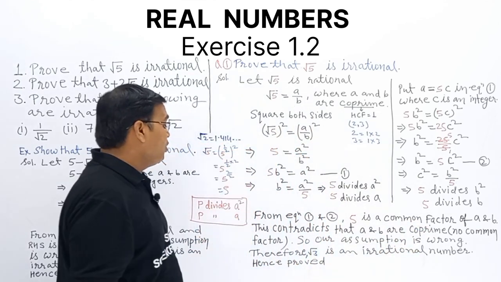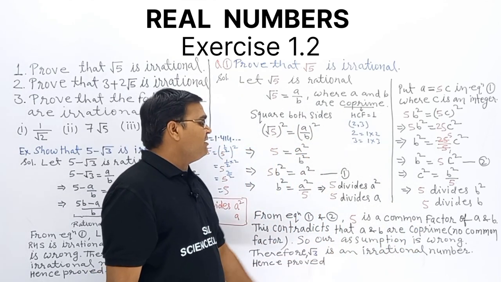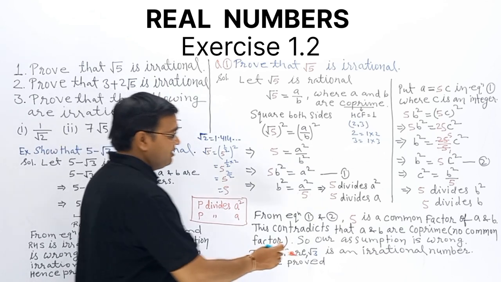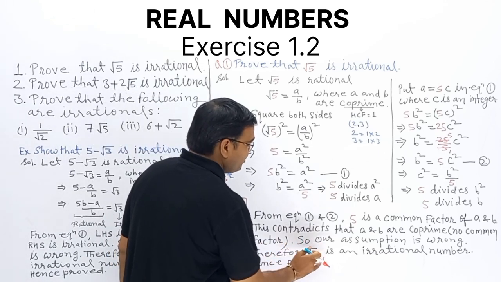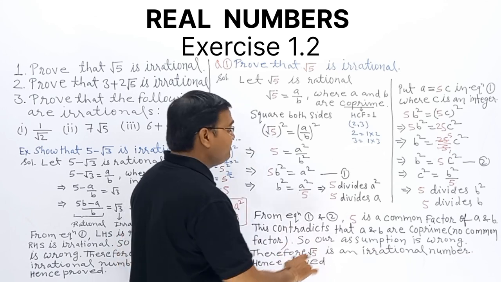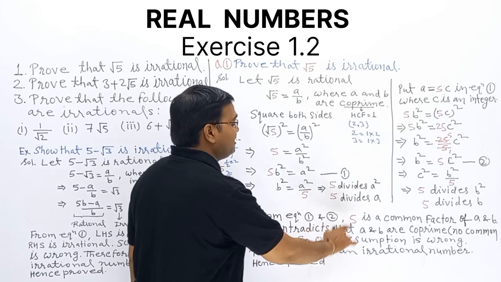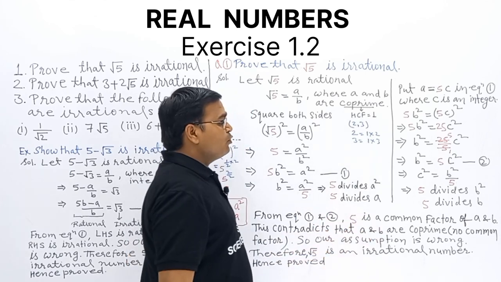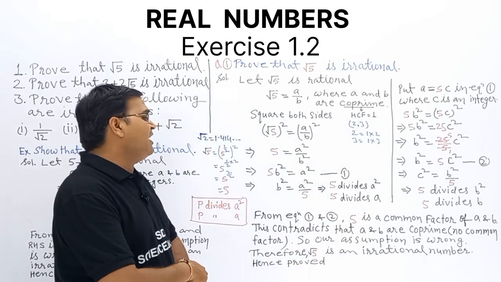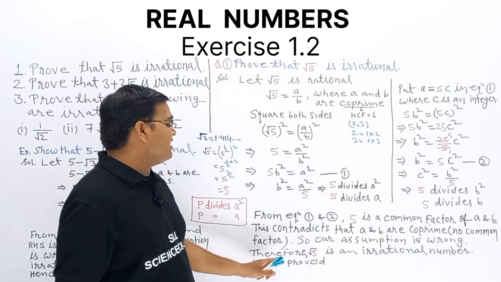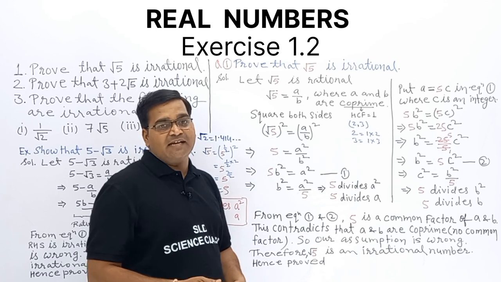By this contradiction we can say 5 is a common factor of a and b. This contradicts that a and b are coprime. So our assumption is wrong. So root 5 is irrational.